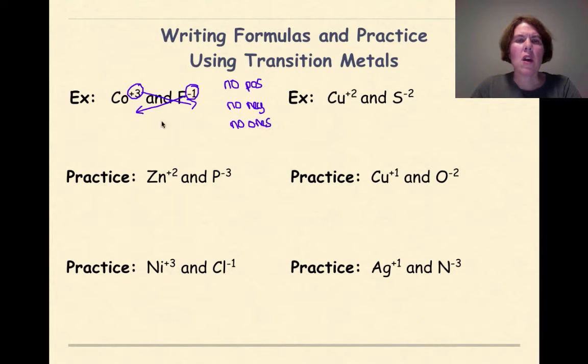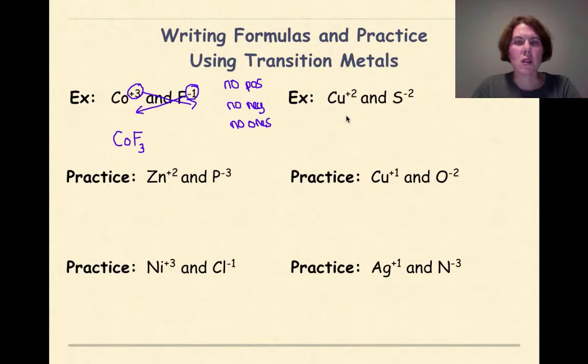So when I do this, I'm going to write Co, which is my metal, first. I'd be crossing down a -1, so I'm not going to include either of those there. And then I'm going to write the symbol for fluorine, which is F, and then put a subscripted 3. That 3 is coming from the cobalt, but again, no plus signs.